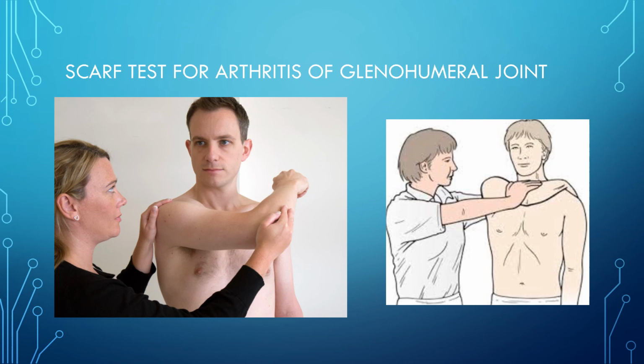We flex the shoulder and the elbow, stabilize the scapula with our other hand, and if it's the right shoulder, we wrap our hand around the right elbow and move the shoulder and wrap the arm around the neck like a scarf to see whether there's any pain or stiffness, and that's a positive test, possibly linked to osteoarthritis of the glenohumeral joint.